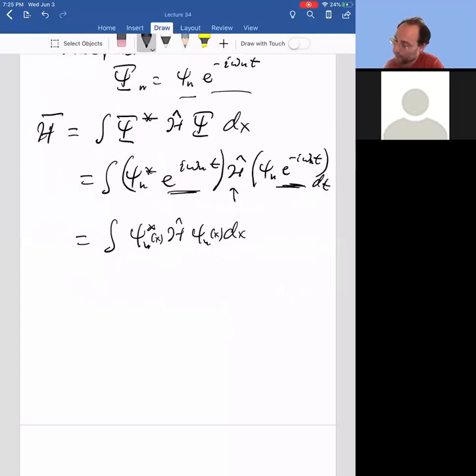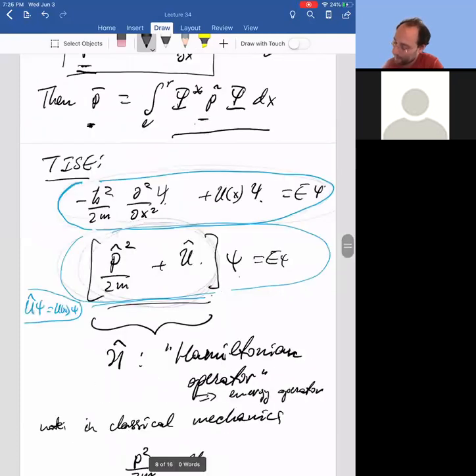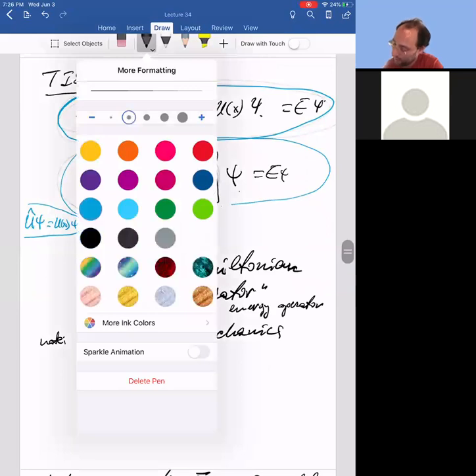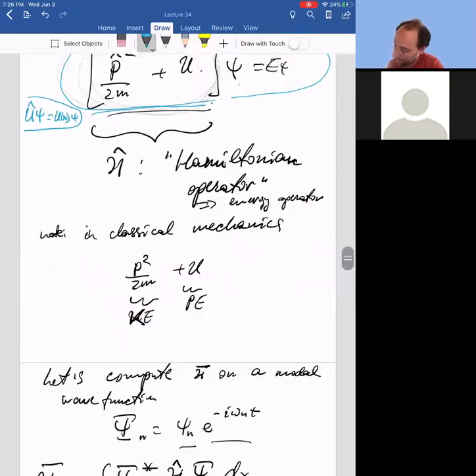And we just saw that Schrödinger's equation can be written in a compact form. So Schrödinger's equation can be written as the Hamiltonian operator acting on the spatial part of the wave function gives you E, which we agreed is energy, times the spatial part of the wave function back.